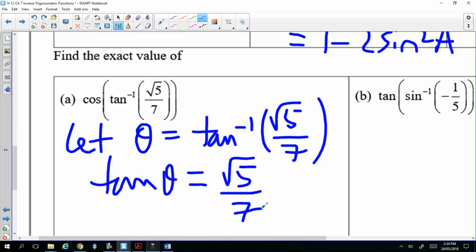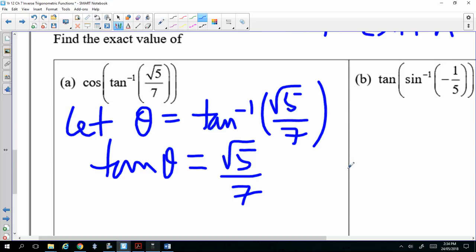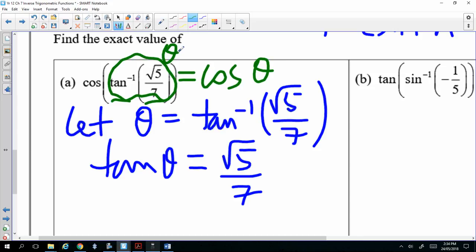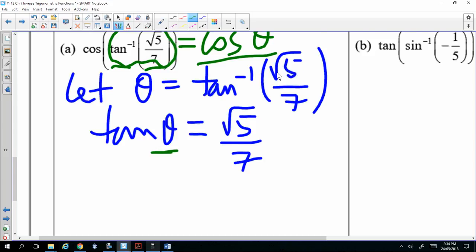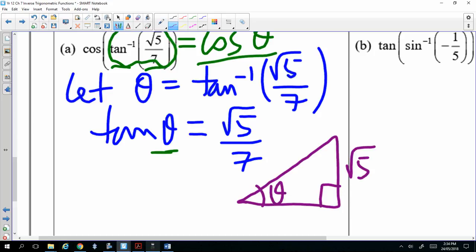So I need to work out what cos theta equals. To do that, all you have to do is draw a right angle triangle with theta, root 5 opposite over 7 adjacent, and the hypotenuse can be found using Pythagoras. 49 plus 5 is 54, so it's root 54.